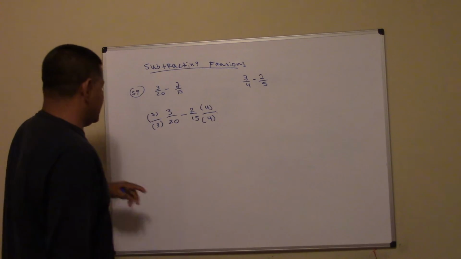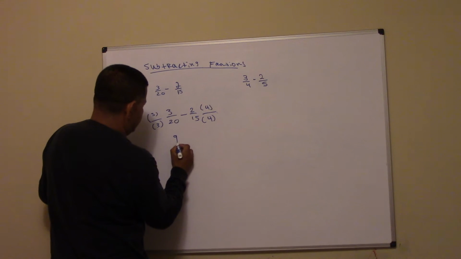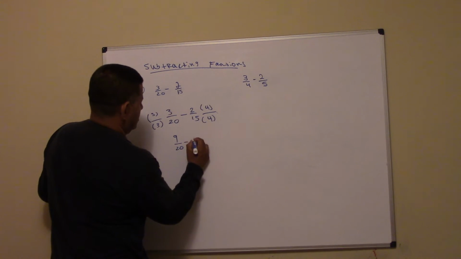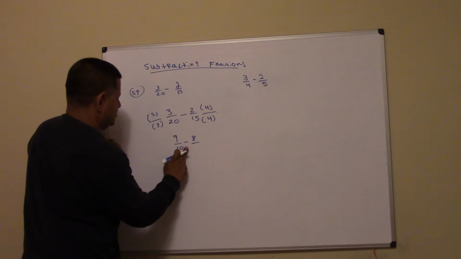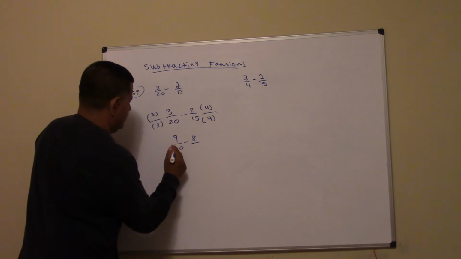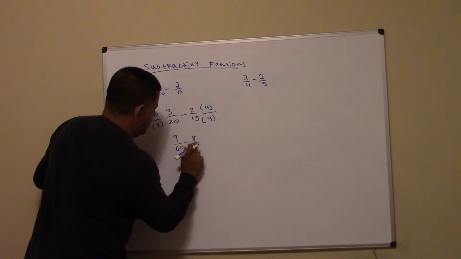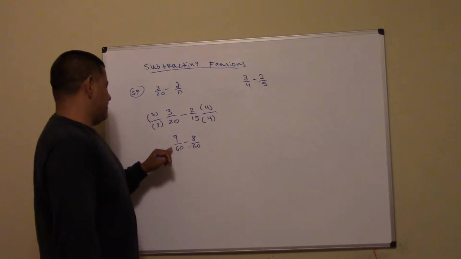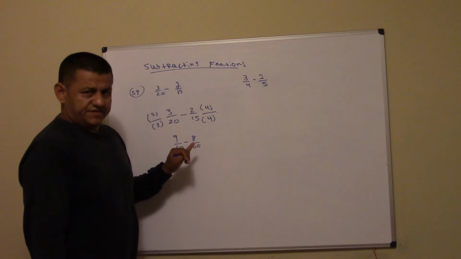So once I do that, I get 9 over 60 minus 8 over 60, right?